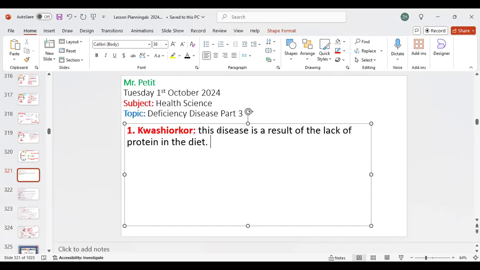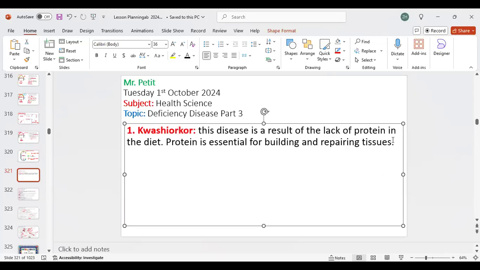What is protein essential for? Building and repairing muscles, strong bones, tissues, wounds. So if you want to avoid kwashiorkor, it's important that you get enough protein when you are young.